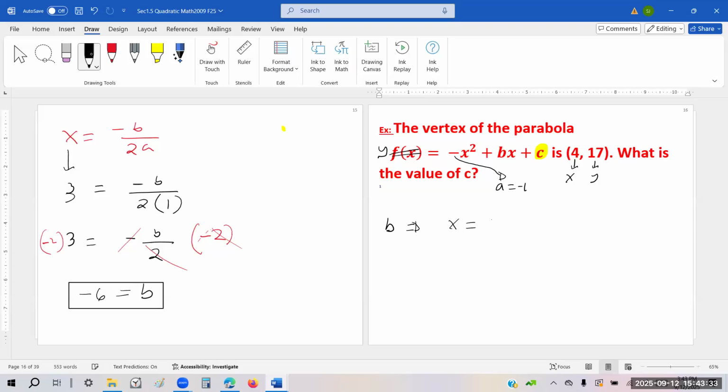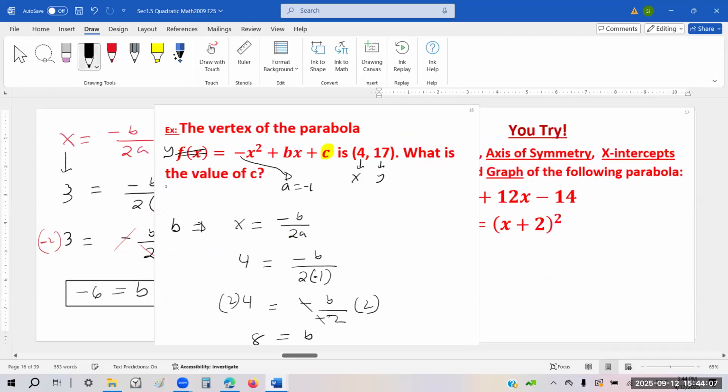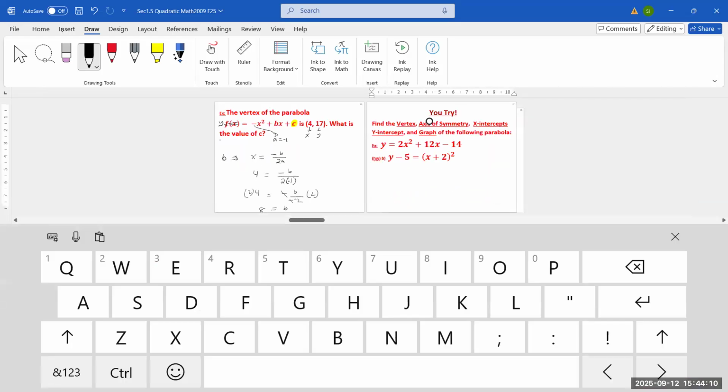So x is negative b over 2a, or equals negative b over -2. So multiply by 2, we have b equals 8. Perfect. And now we need to find c.